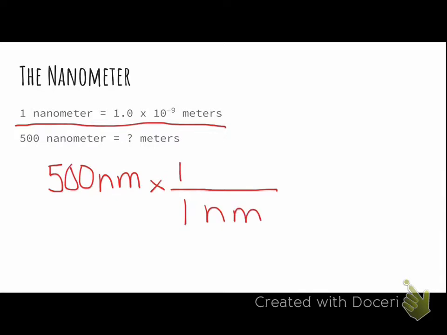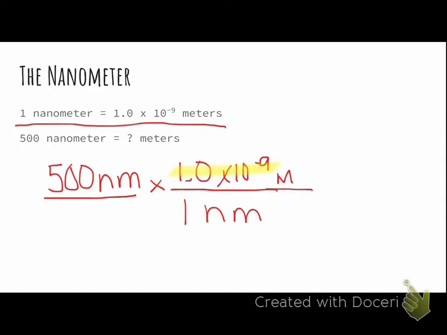And then on the top is 1.0 times 10 to the negative 9th meters. So this is not a cross multiply and divide situation. This is a multiply across situation and then divide. So we're going to do 500 nanometers, and you're going to multiply that by 1.0 times 10 to the negative 9th, our value right here.